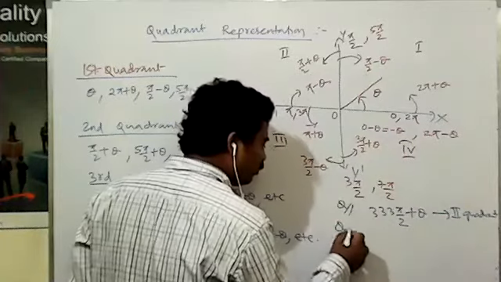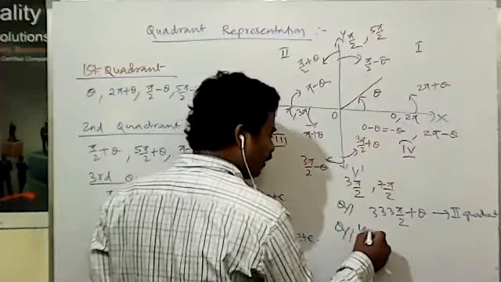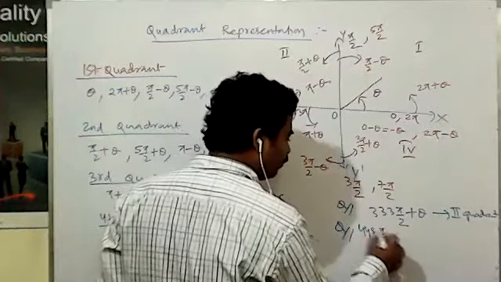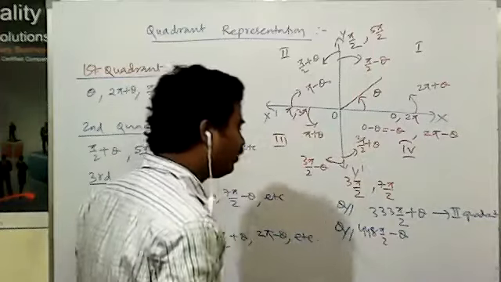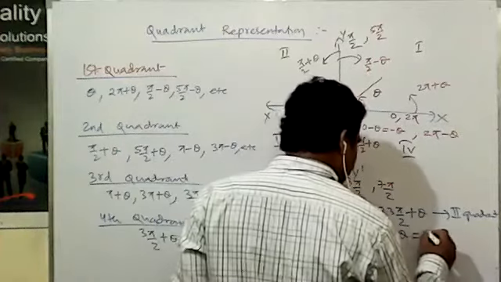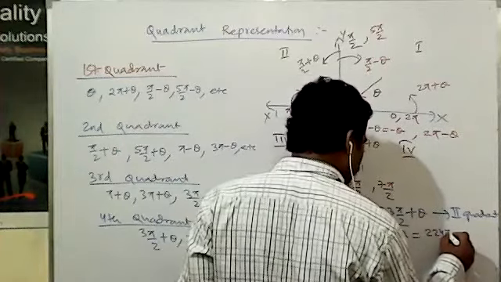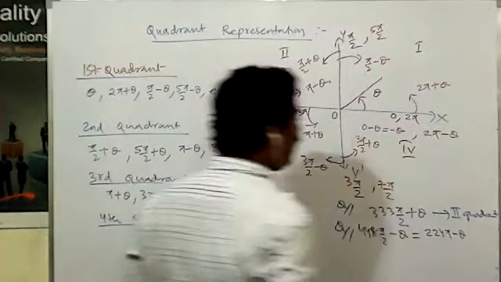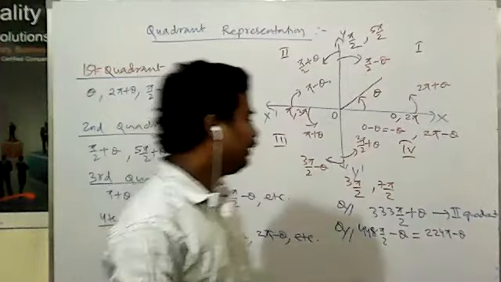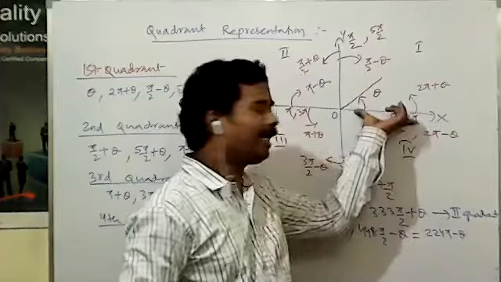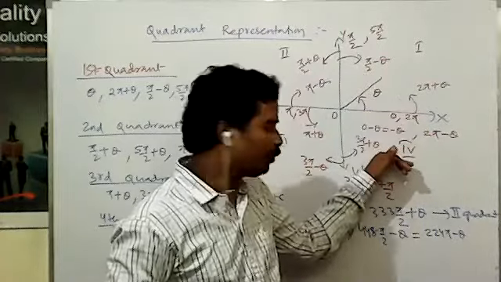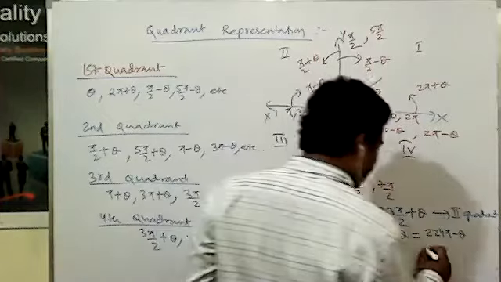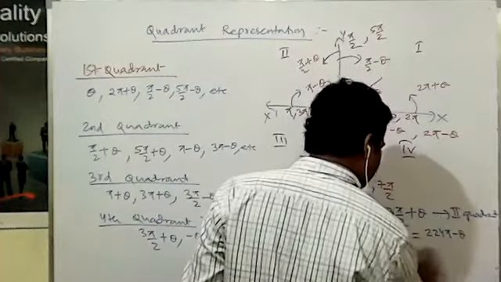Similarly, another question: 448 pi by 2 minus theta. The value will be 224 pi minus theta. This is even pi, so this line is the even pi line. Minus theta is the fourth quadrant.